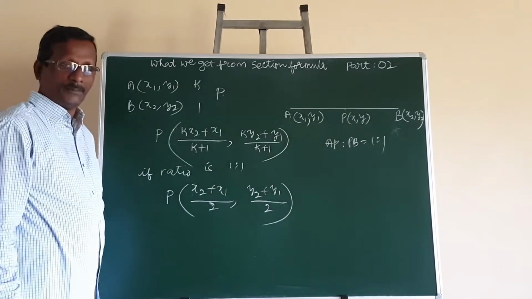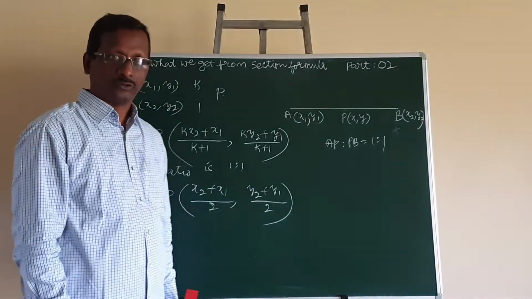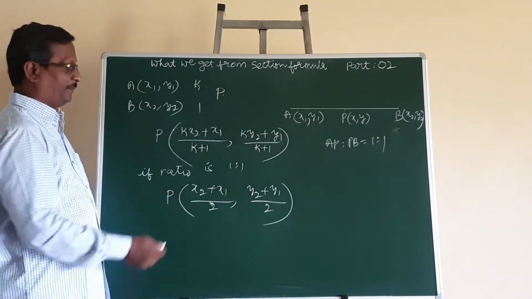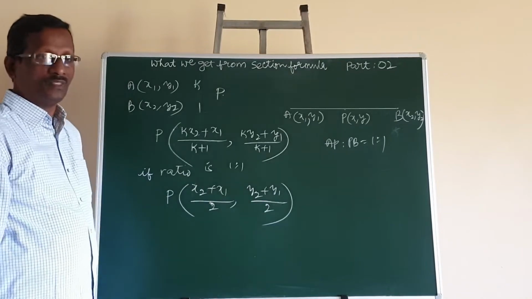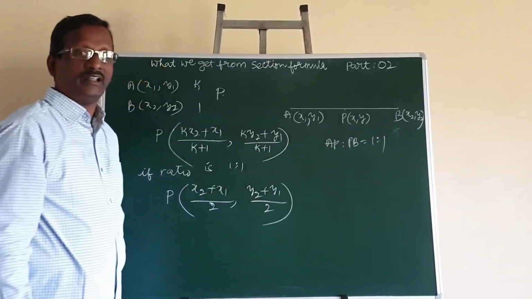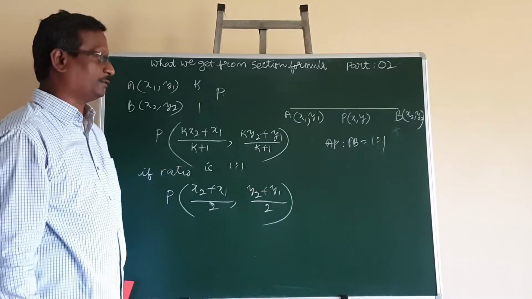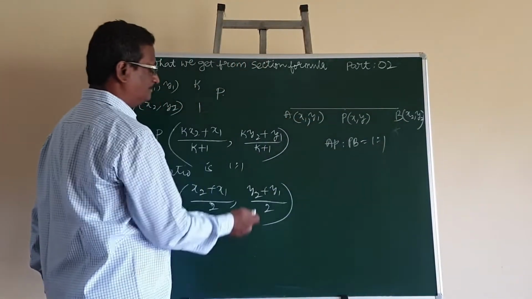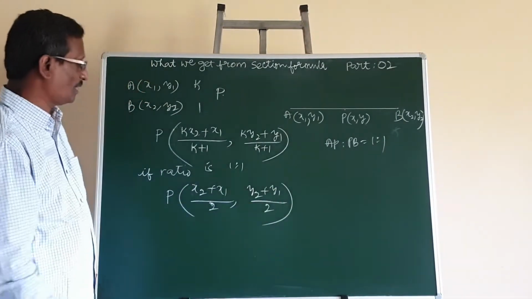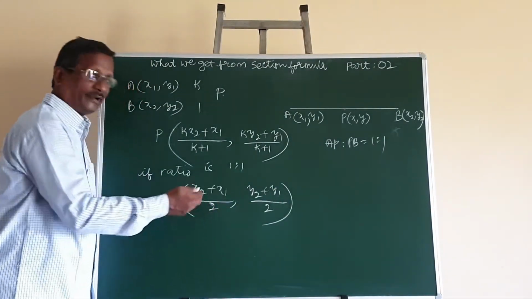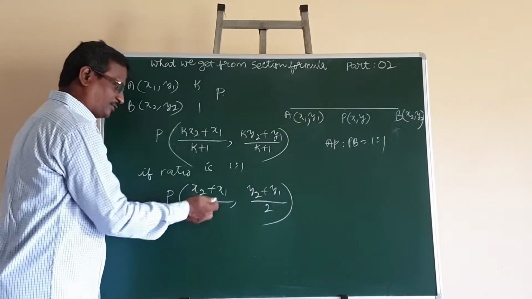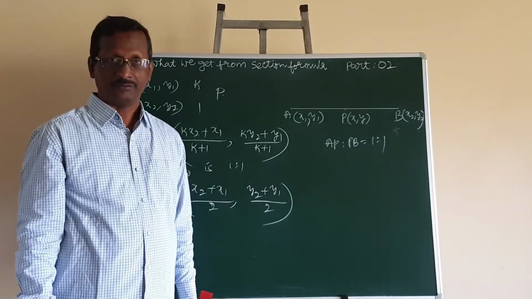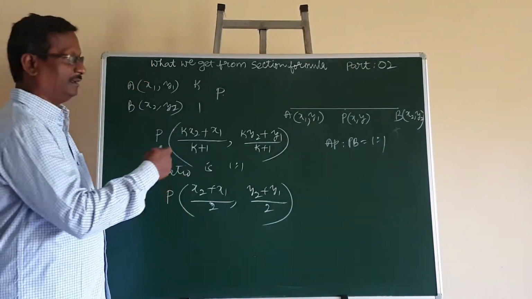If P is the midpoint of AB, the x coordinate of the midpoint is the average of the two x coordinates, means x1 plus x2 by 2. The y coordinate of the midpoint is the average of the two y coordinates of A and B, that is y1 plus y2 by 2. Whether you say x2 plus x1 by 2 or x1 plus x2 by 2, that makes no difference because addition is commutative. Now let's go to the next.